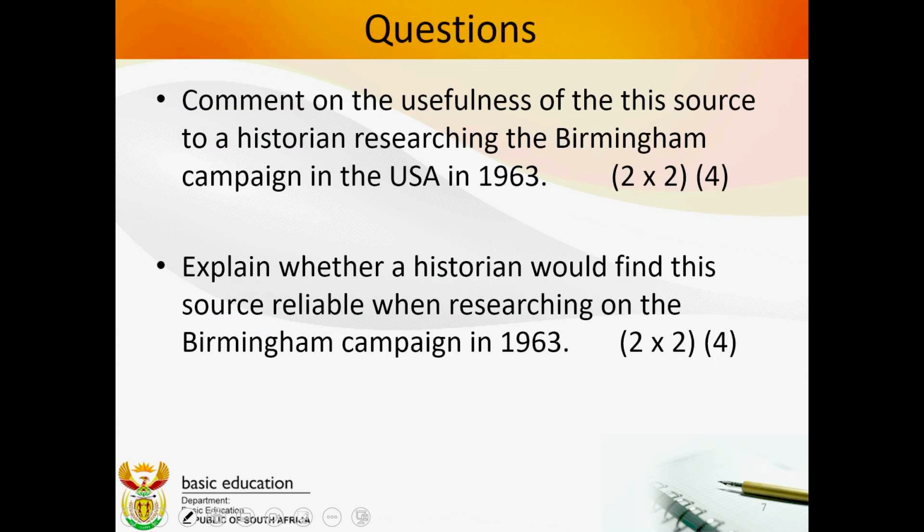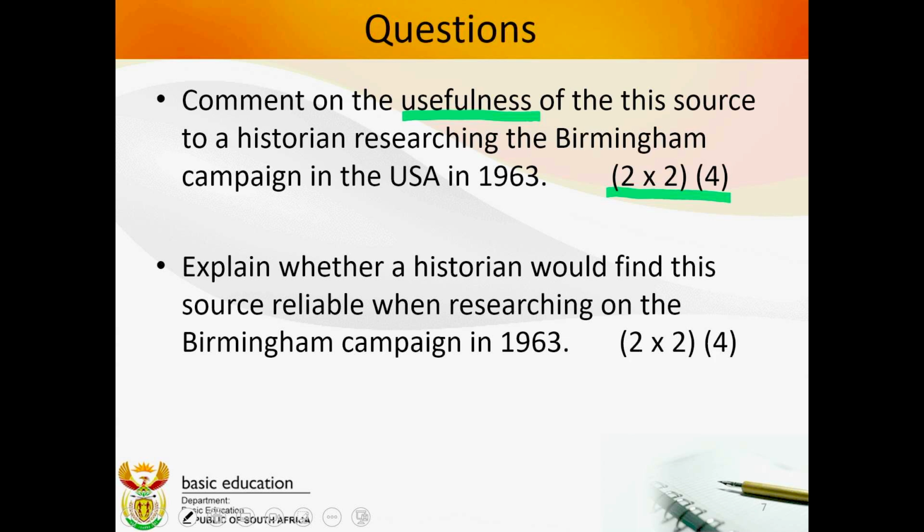This is an example. Comment on the usefulness of this source to a historian researching the Birmingham March campaign in the USA in 1963. The keyword is usefulness. It is 2 times 2, 4 marks. So learners must always look at the mark allocation.